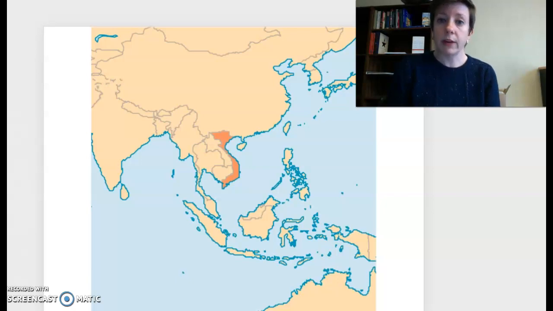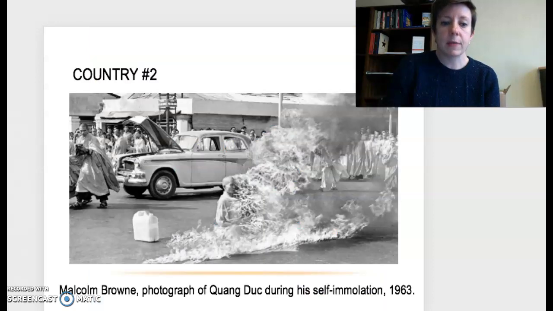We are supporting France to keep their colonial possessions, and supporting a government there that is capitalist and Western, but that is really creating some problems with the people who are native to this country. In this image, this man was protesting the treatment of Buddhists in this country.